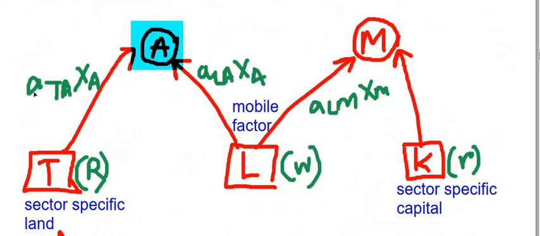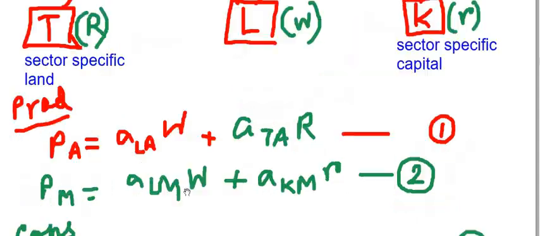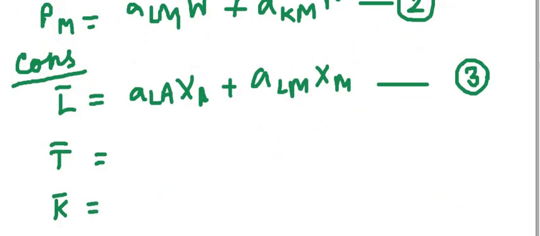That is why I have incorporated ATA, and since there is a total of XA units of agricultural output being produced, I have a total of ATA XA for my entire agricultural output. So the entire land input is being used by the agricultural sector. So we have ATA into XA, which gives you the straightforward basic balance equation for land.